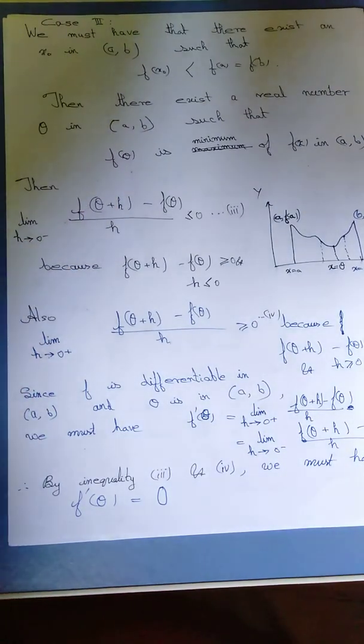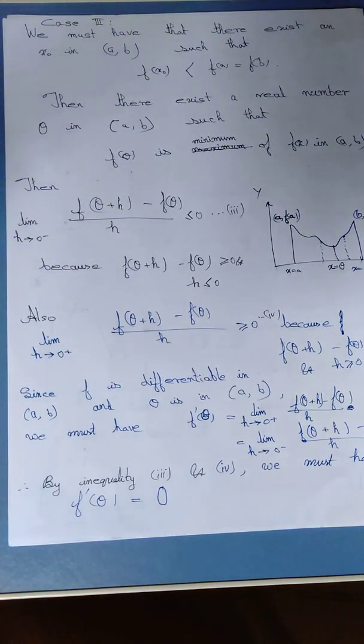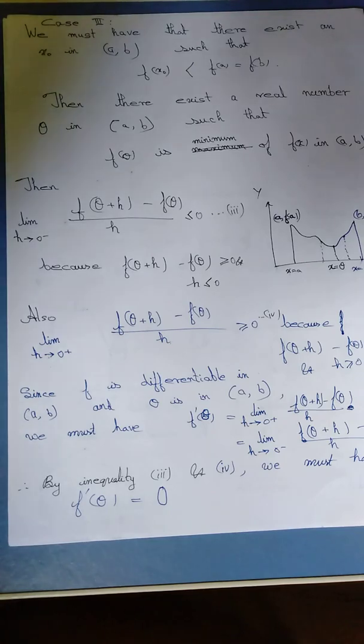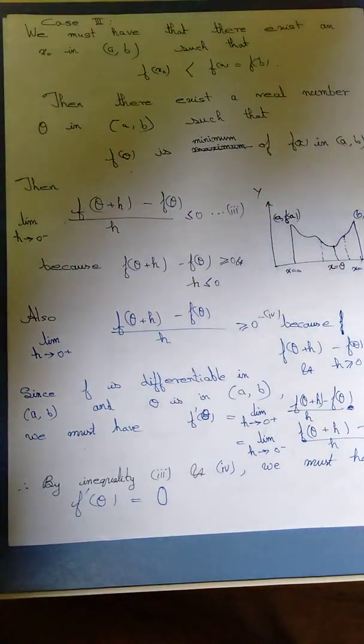So in each case, in the first case, for every x in the open interval, f dash x has to be 0. In the second case, at the maximum point, f dash theta has to be 0, corresponding to the maximum value of f(x).